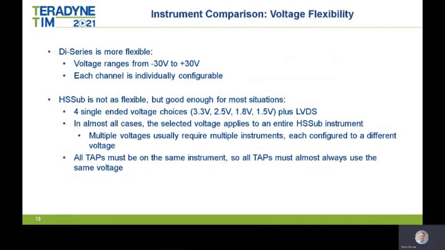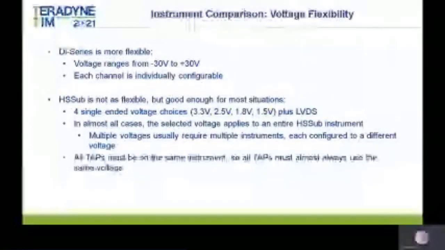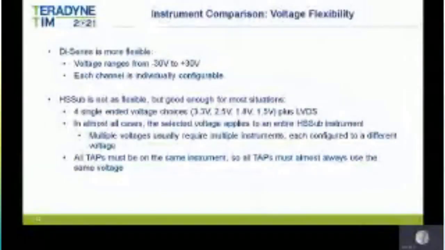In terms of available voltages, the DI series has a clear advantage. Pins are individually programmable over a huge range, plus or minus 30 volts. Compared to this, the high-speed sub voltages are limited, but they are good enough for most situations. There are four single-ended voltage choices, 3.3, 2.5, 1.8, and 1.5 volts, plus LVDS differential.